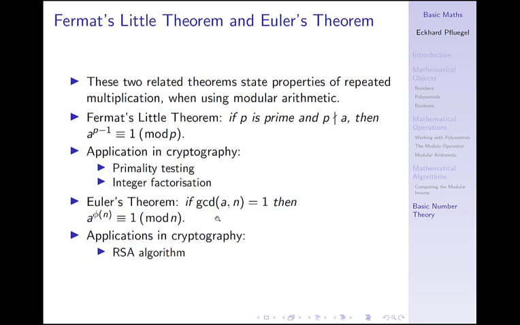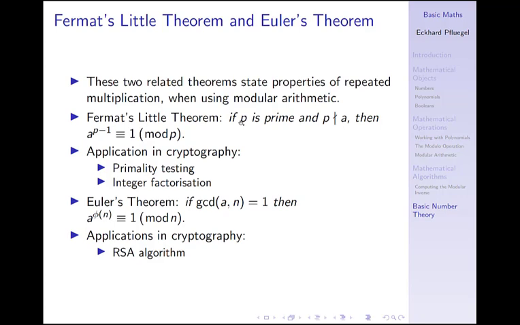So here Fermat's little theorem is all about p being a prime number. What it says is that if p is a prime number, and also, and that's quite important, a is not a multiple of p. So let's just assume a is kind of a random number, but it must not be a multiple of p.